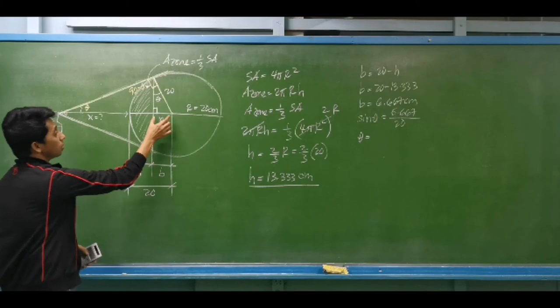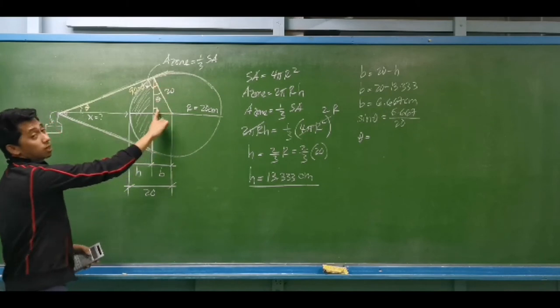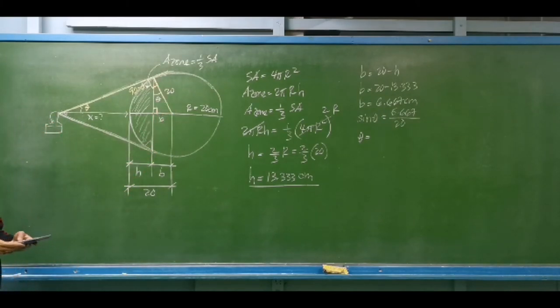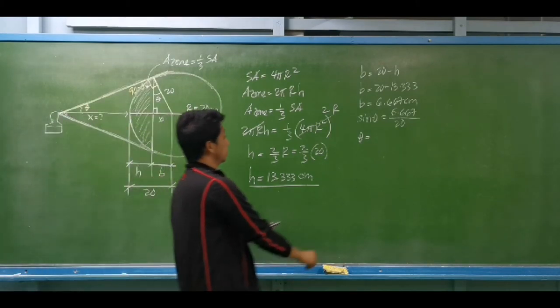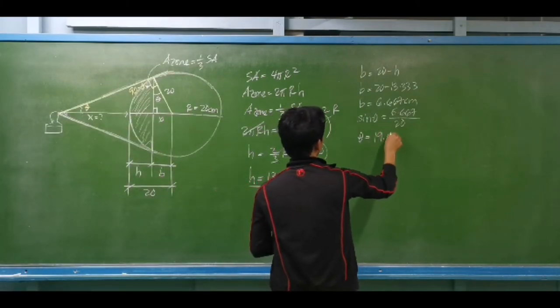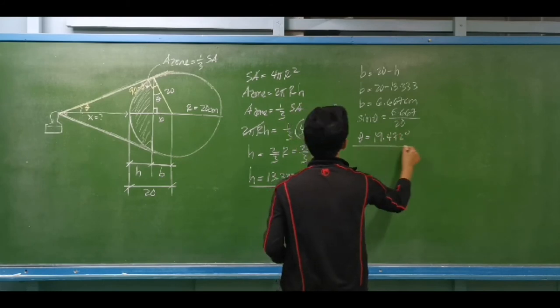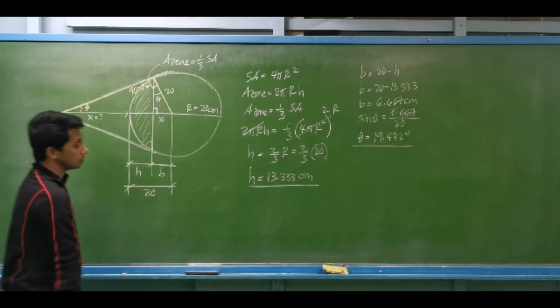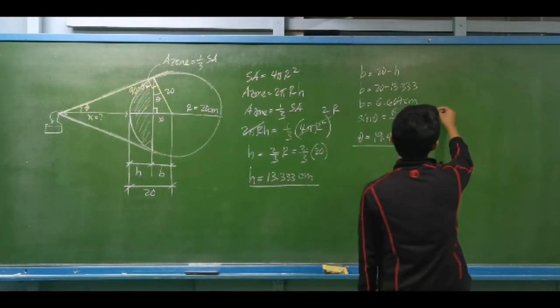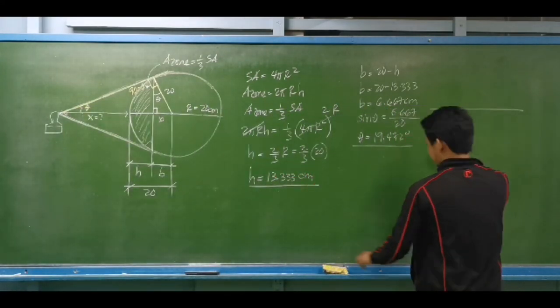So, ang ginawa ko dito opposite over hypotenuse. Ito yung ating right angle. 6.667 divided by 20, shift sine, is 19.472 degrees. This is 19.472 degrees. Tapos, okay, isolate natin yung malaking triangle natin na to. Yung appearance niyan is parang ganito.